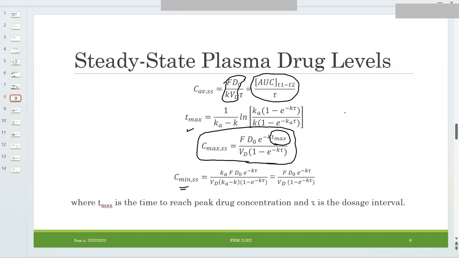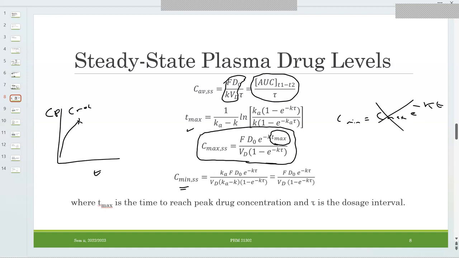And you cannot say Cmin equal to Cmax times elimination fraction. This is wrong. Why wrong? Because if you remember, in the plasma concentration versus time curve, after Cmax there are two processes still going on.